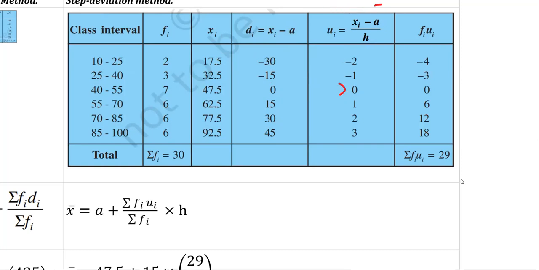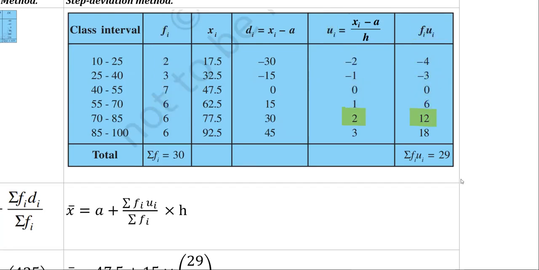Now, once we have got ui, the next step is to get fi ui. Symbolically, you can clearly see that it is the product of fi and ui. That means 2 into minus 2 is minus 4. 3 multiplied by minus 1 is minus 3. 7 into 0 is 0. 6 into 1 is 6. 6 into 2 is 12, and so on.